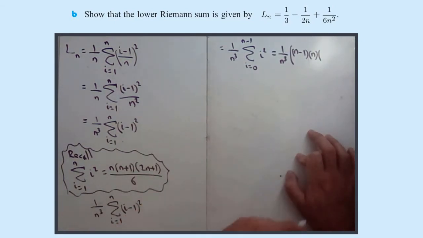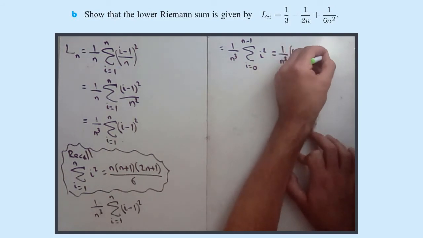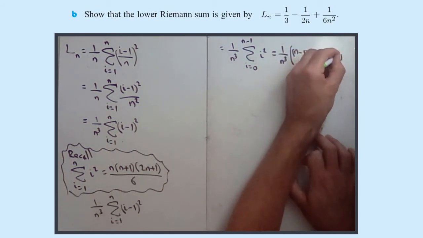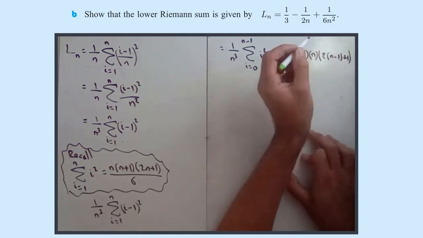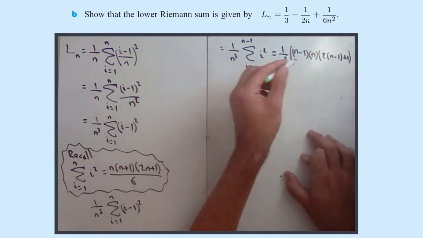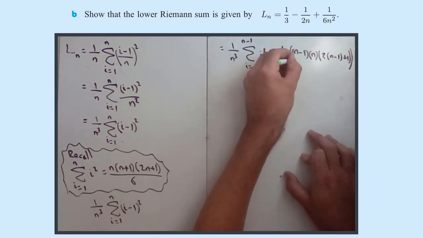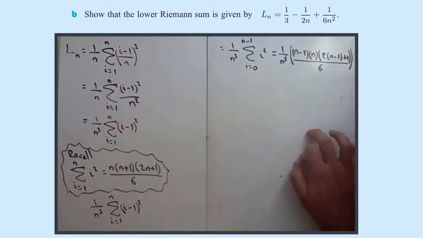So that would be 2(n minus 1) plus 1. So we'll tidy that up a bit, and then don't forget it's all of that over 6.